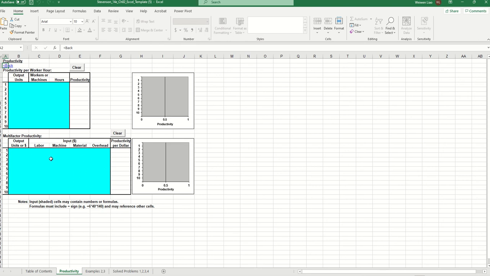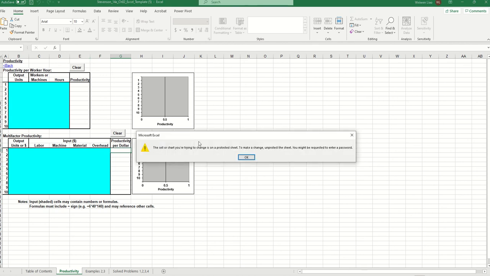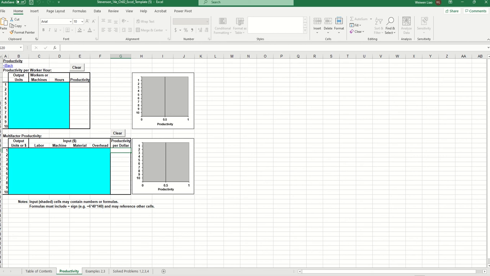Now, how to use this spreadsheet? Remember that you can only enter data in blue cells within a table. For those blank cells outside the tables, you can enter whatever you want. But within each table, you can only enter data in those blue cells. For example, if I would like to enter data here, there will be an error message. Now, enter your output and each of the inputs in dollar value under those cells.